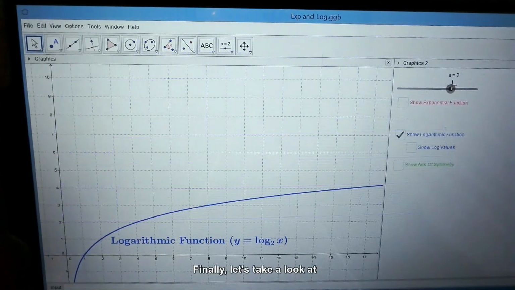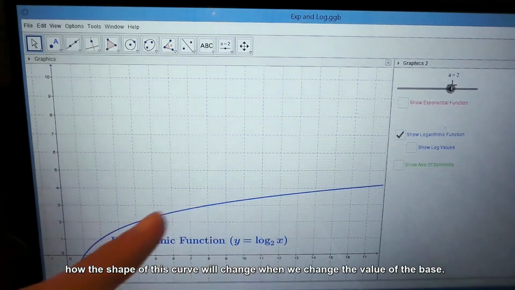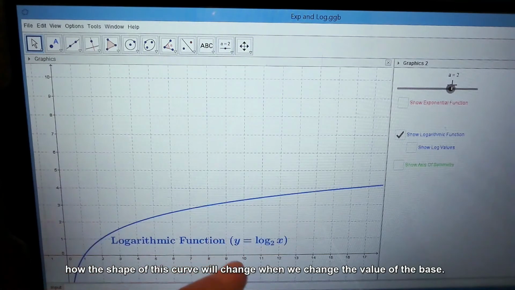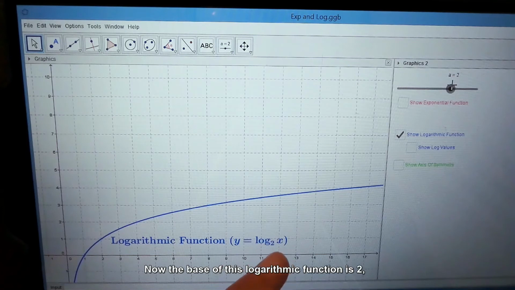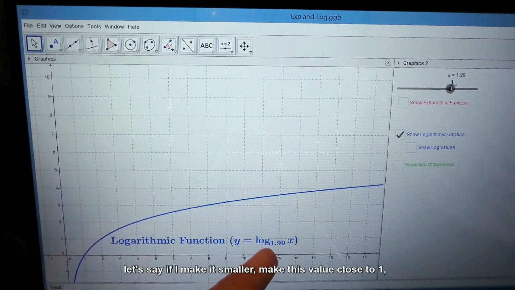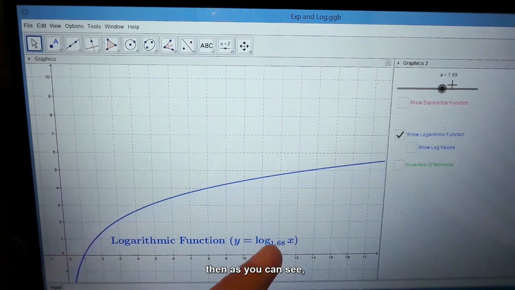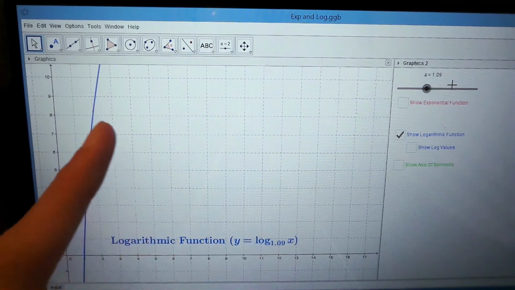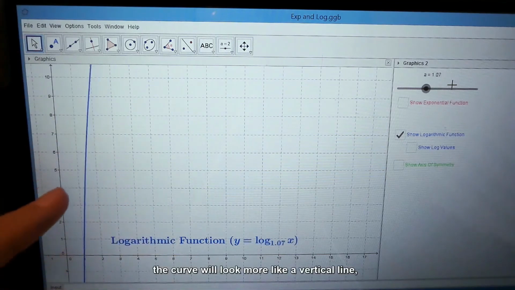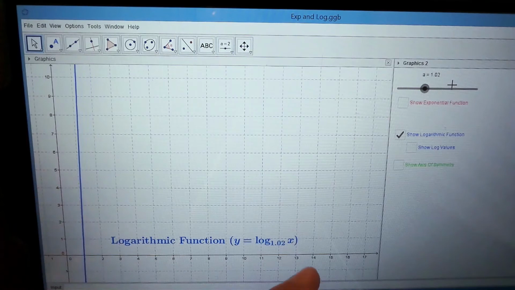Finally, let's take a look at how the shape of this curve will change when we change the value of the base. Now the base of this logarithmic function is 2. And if we change this, let's say if I make it smaller, make this value closer to 1, then as you can see, the curve will look more like a vertical line.